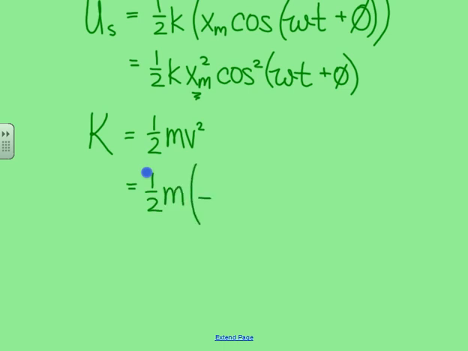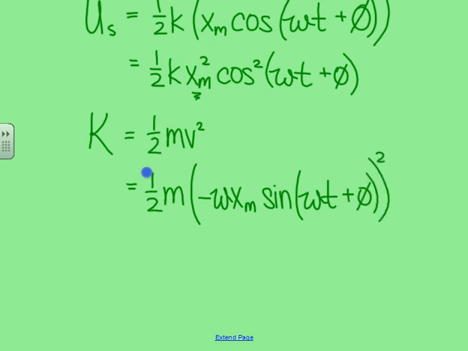In that case, it's 1/2 m times negative omega xm sine of omega t plus phi, squared. Squaring that expression yields 1/2 m omega squared xm squared sine squared of omega t plus phi.